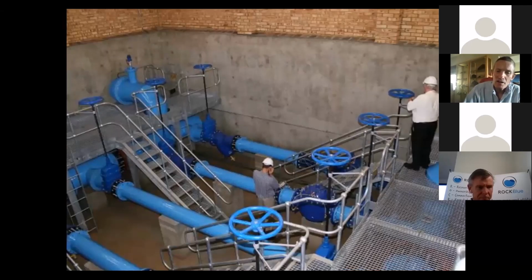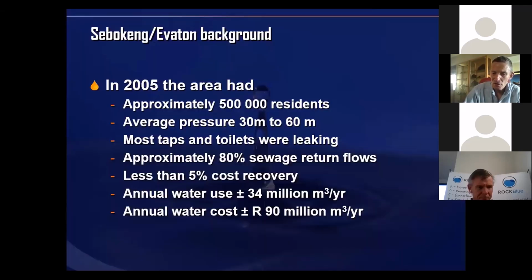This is the one that we did as a performance-based contract where we paid for it with our own money and we operated it and maintained it for 5 years. The client paid from the savings, roughly 15% of whatever was saved over a 5-year period, and that paid for the installation.